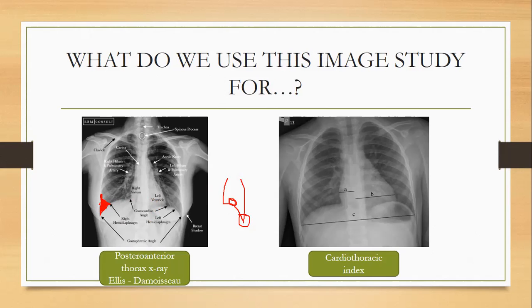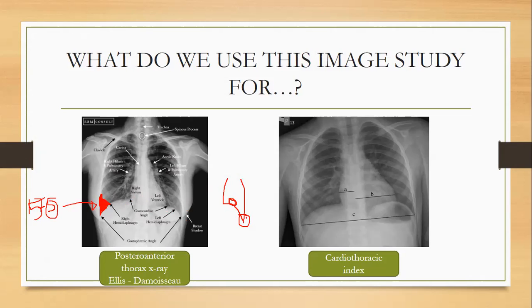If there is some liquid here and we see the Elise Damaso sign erasing the costophrenic angle right here, we would have to assume that we at least have 150 milliliters of fluid. I'm sorry, this one is 150, okay? 150.